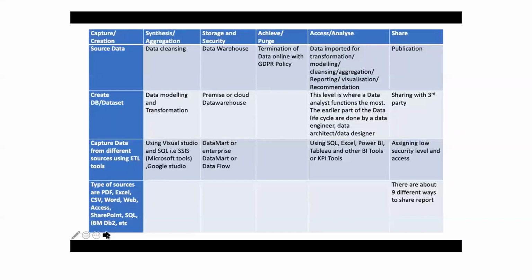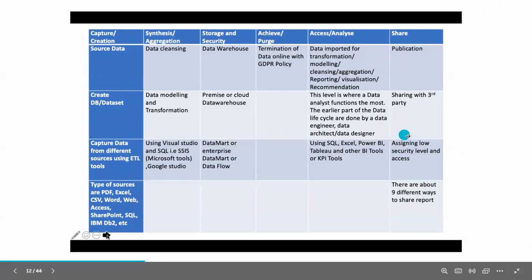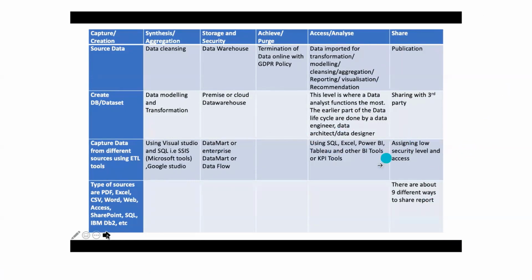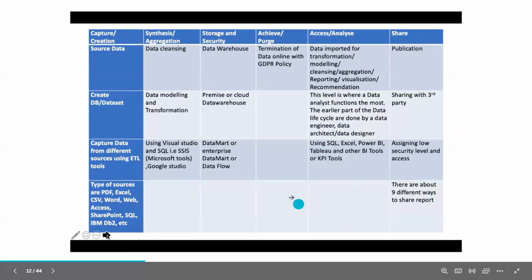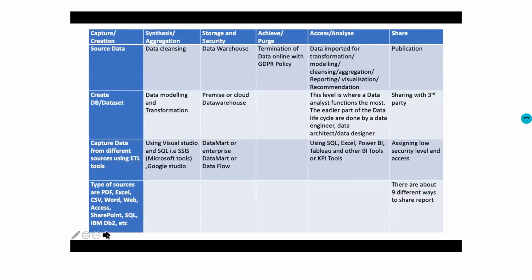That would happen with every other person as well. So each person gets to see only what they should be seeing, not the general house's data. It's called row level security in Power BI. I believe it should be in other tools as well, because it's a very important aspect of keeping data secure.